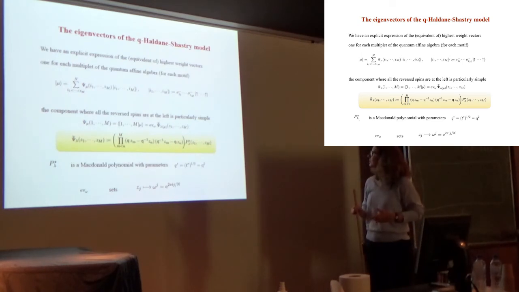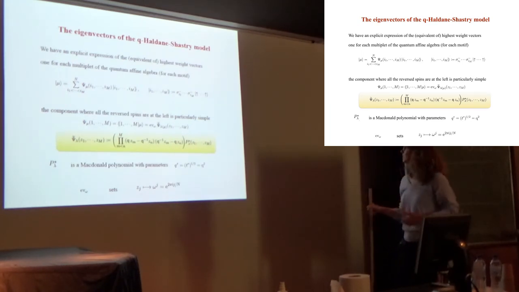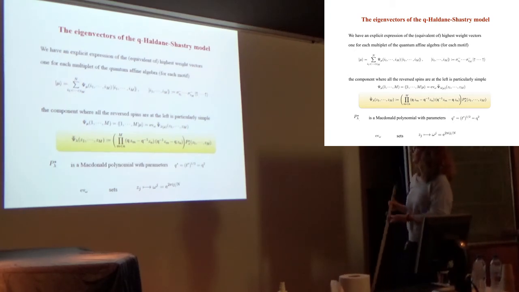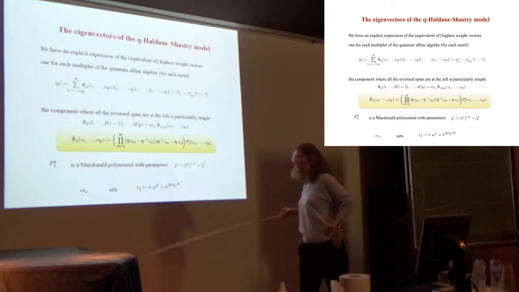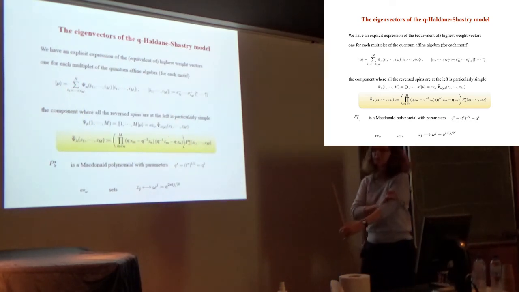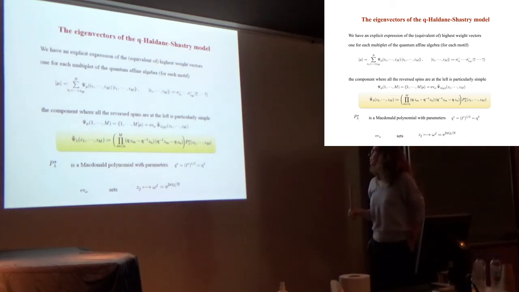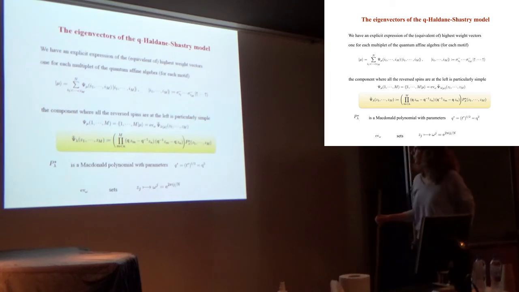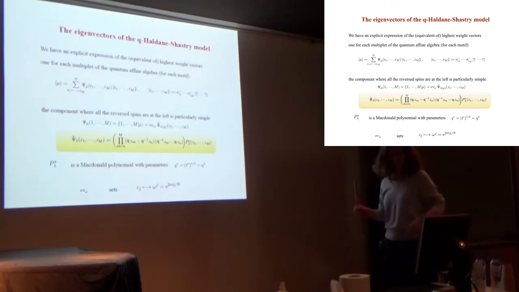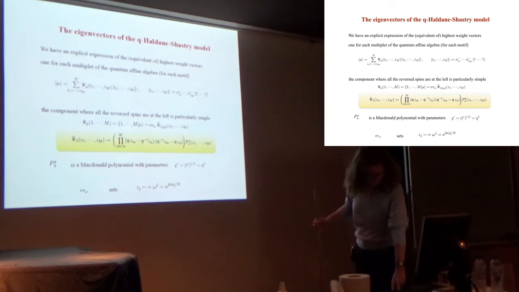So there are affine descendants and spin descendants that, in principle, are generated from this highest weight. The explicit expression of the descendants is not known. It's easier to get them for the spin operators. We have some idea what their form is. For the affine descendants, it's a little bit more complicated. So that's part of the work in progress.